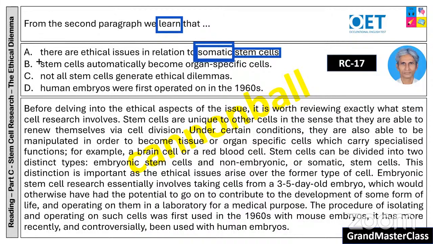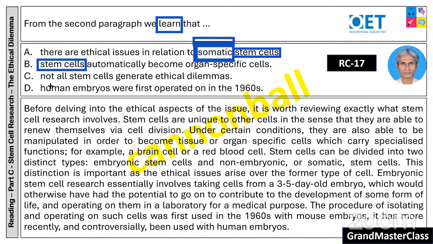Here, stem cells means all the stem cells, somatic and non-somatic. So A is only somatic, B is somatic plus non-somatic, that means all.